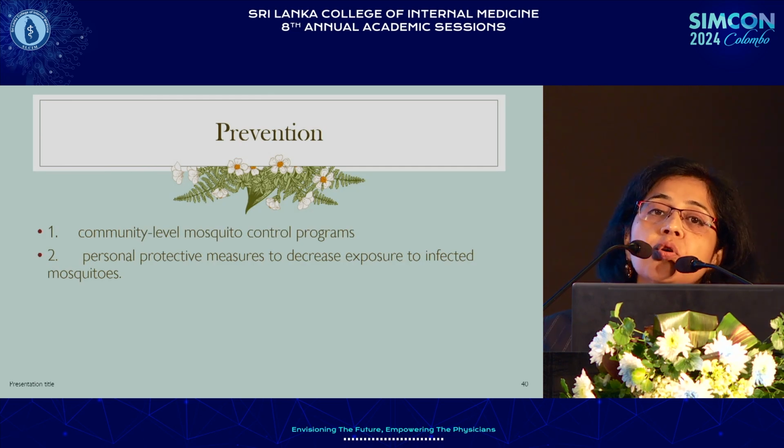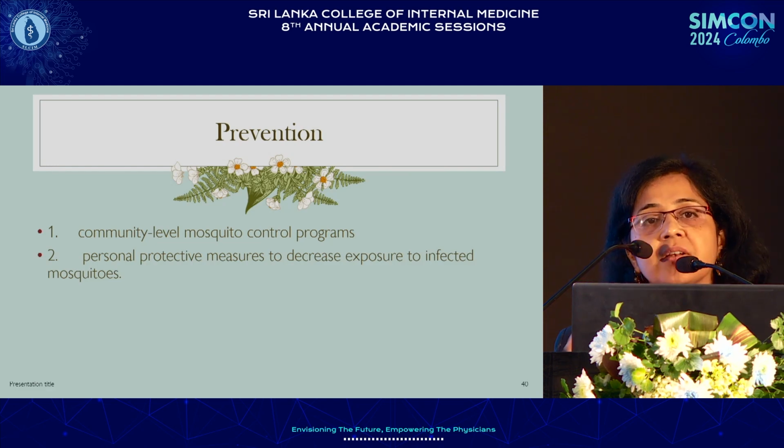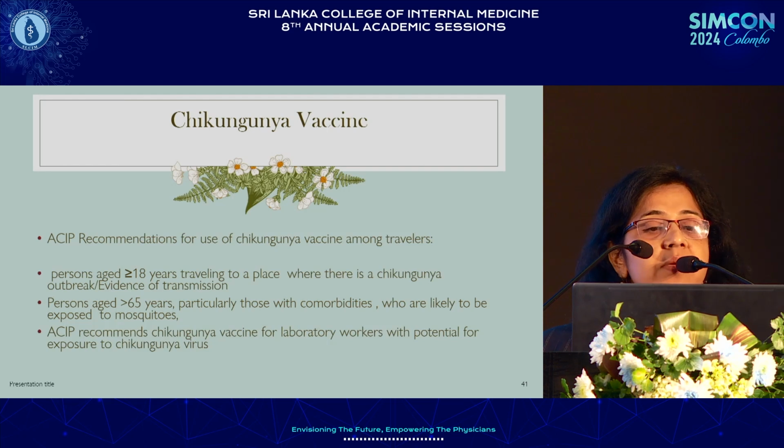There is also always a way to prevent these infections rather than trying to treat them, and community level mosquito control programs and personal protective measures are extremely important. There is a single live attenuated chikungunya vaccine also available, but it is not for everybody.